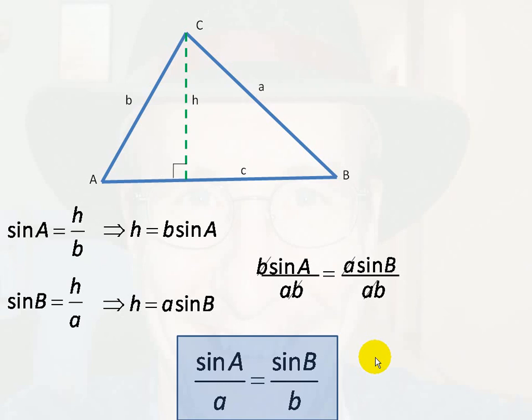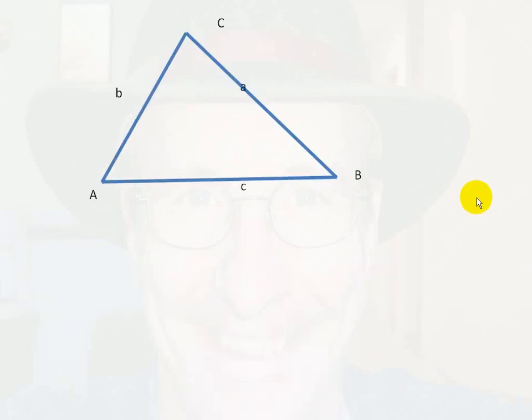So you start to see how useful this law of sines can be. Now you notice there's no C involved in this. Angle C and lowercase c are not involved in this. So what we want to do is involve these C's. We've got the A's and the B's. Now let's look at the C's.